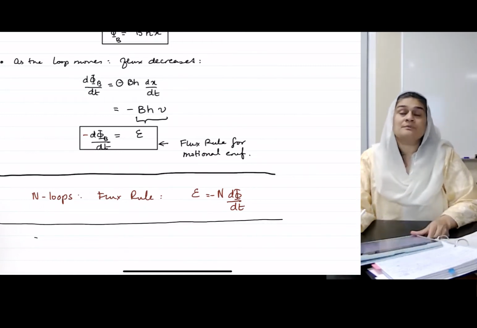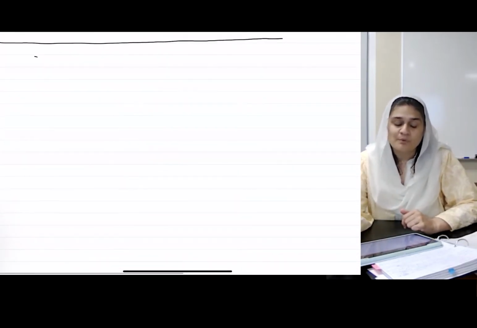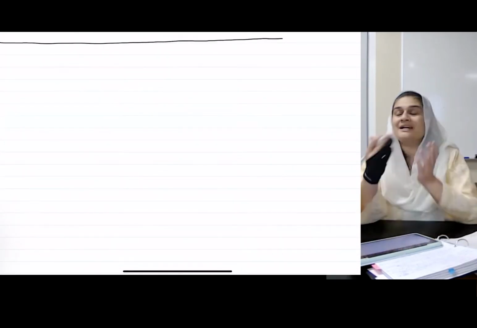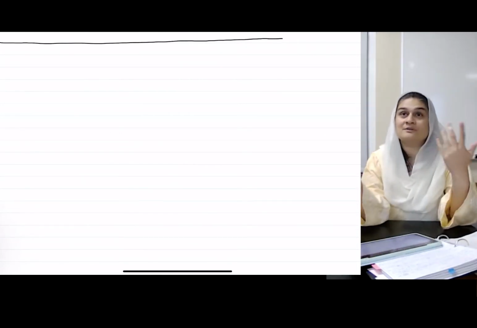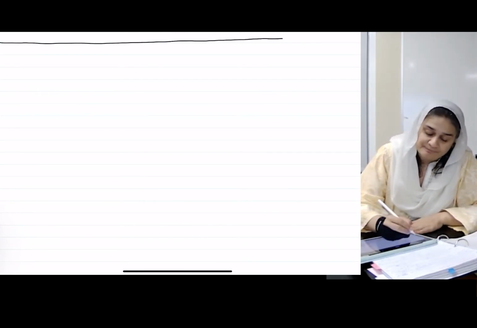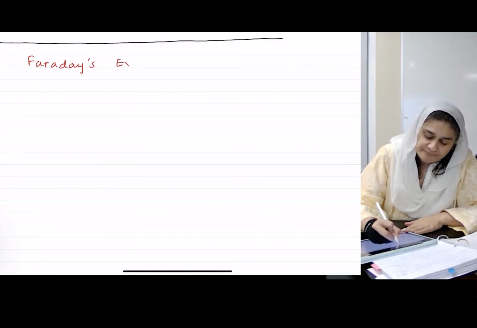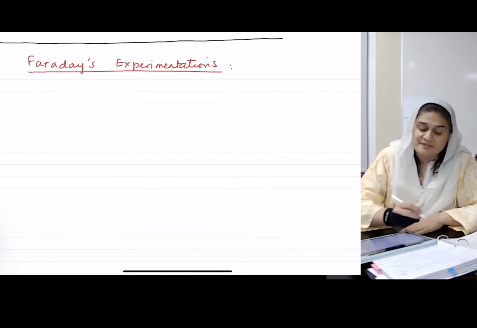Okay, so Faraday was doing a bunch of experimentations with magnetic fields, with electric fields, and how those two relate to each other. So one of the things that Faraday did were these.